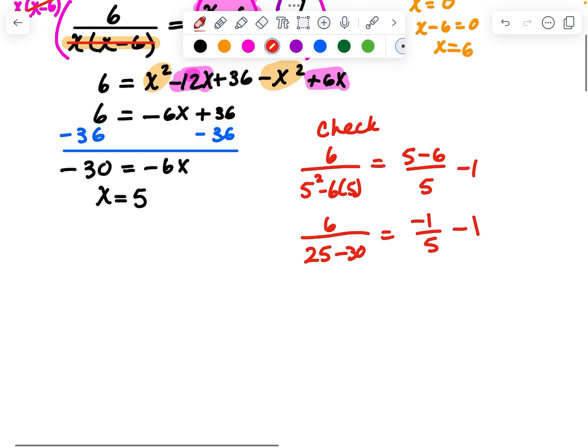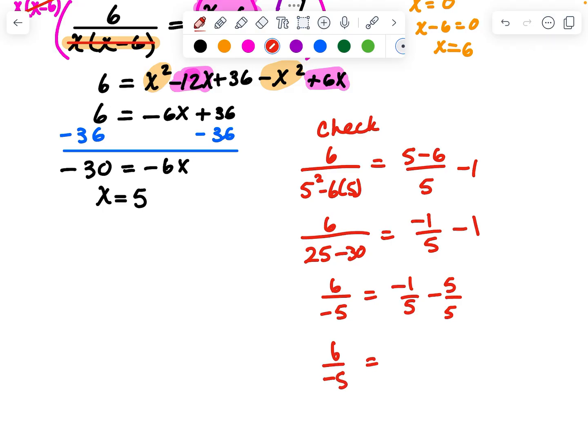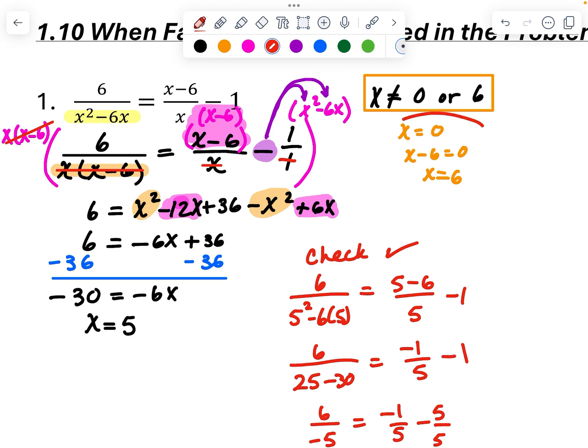That would be 6 over negative 5 equals negative 1/5 minus 5/5. And that would be 6 over negative 5 equals negative 6 over 5, which is the same thing. So it does check, so my answer is correct. My answer is also not one of these numbers, so my answer is good. So my answer is 5.